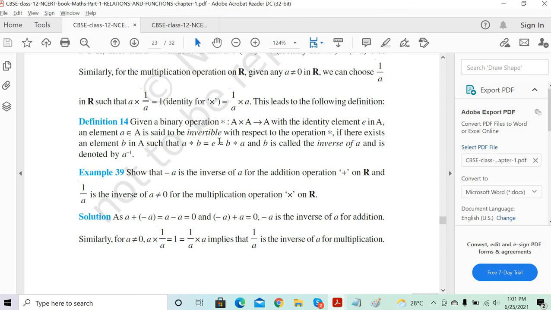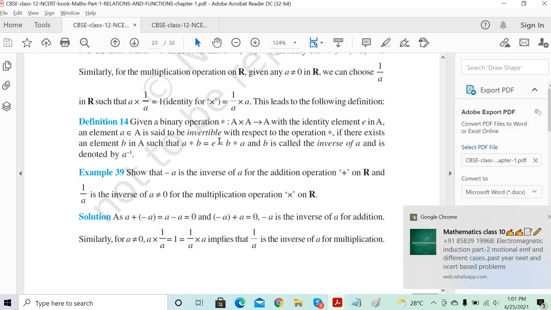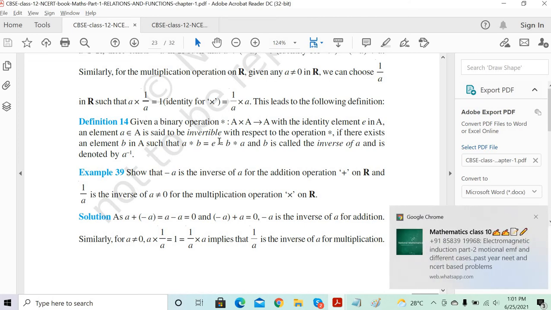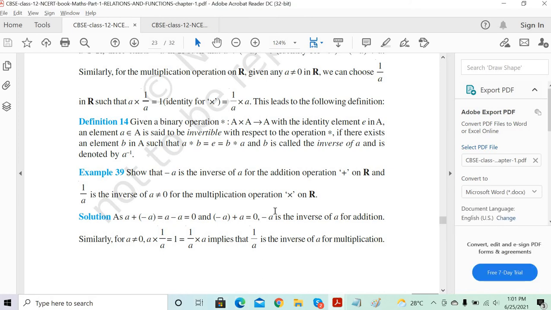Is it commutative? Let's check. 1 by 2 into 2, again the answer is the same, 1. Now the first condition matched: A star B is equal to E is equal to B star A. Because A is 2 and B is 1 by 2, 2 into 1 by 2 is 1, and 1 by 2 into 2 is also 1.